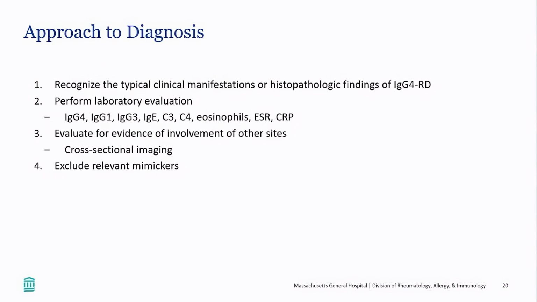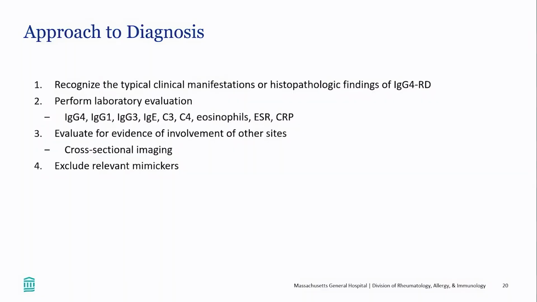We evaluate for evidence of other disease, even in people who don't have many symptoms to suggest other sites of involvement. We usually do cross-sectional imaging like a CT scan or an MRI to look for other places that could be involved, because that also gives us a clue for the diagnosis and tells us what we need to be treating. And very importantly, we exclude the relevant mimickers.